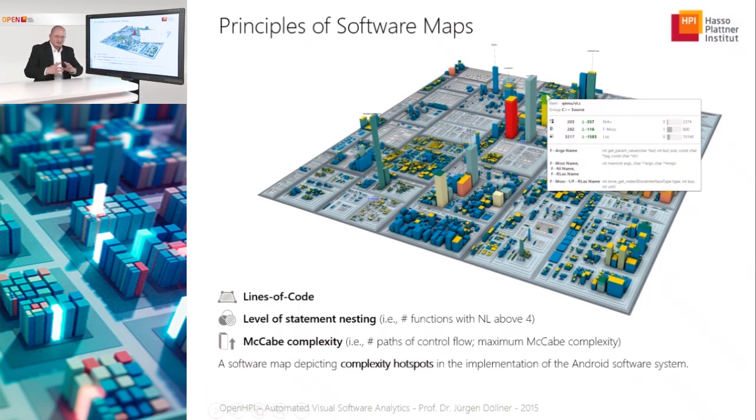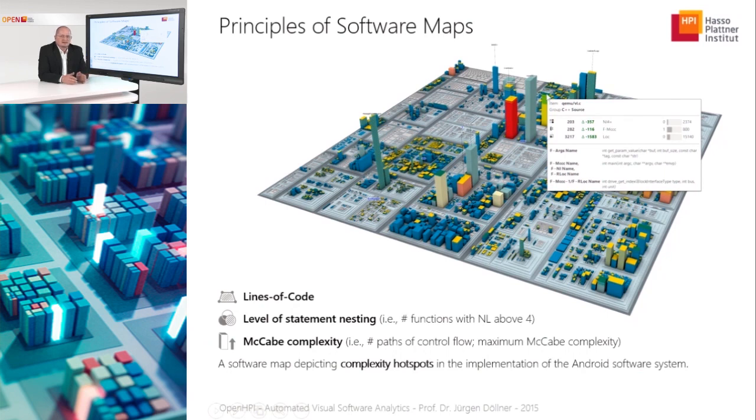This specific combination, that is combining information about the nesting level with the McCabe complexity, for example, helps to identify and to monitor complexity hotspots in a software system. That is, a software map is a 2.5-dimensional tree map that combines certain software metrics or other information for a given theme.